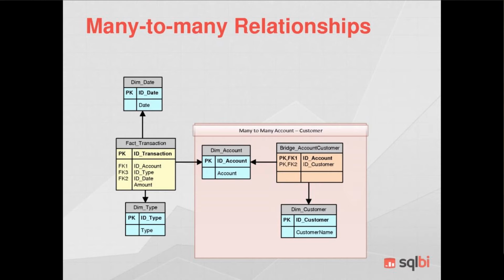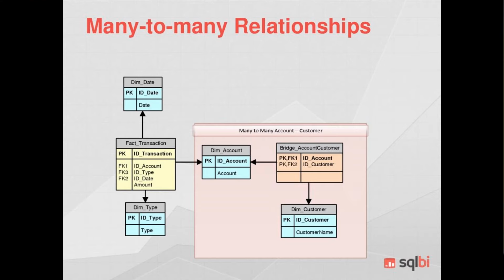In tabular, when you put a filter on the customer table, the filter on the customer is automatically propagated to the bridge table, because there is a one-to-many relationship between the bridge table and the customer table. So, for example, when you filter products, the sales of products are filtered. When you put a filter on the dimension, that filter is automatically propagated to the fact table. And this is the standard behavior of tabular.